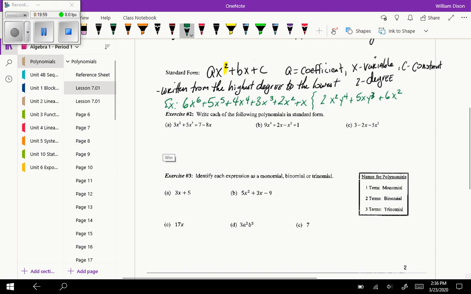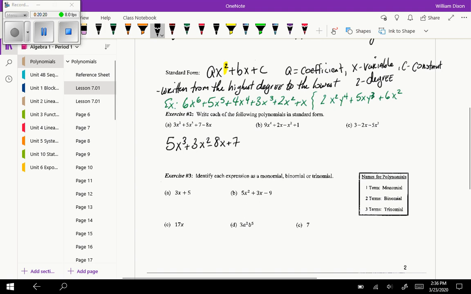So I'm going to have 5x to the third plus 3x squared minus 8x plus 7.